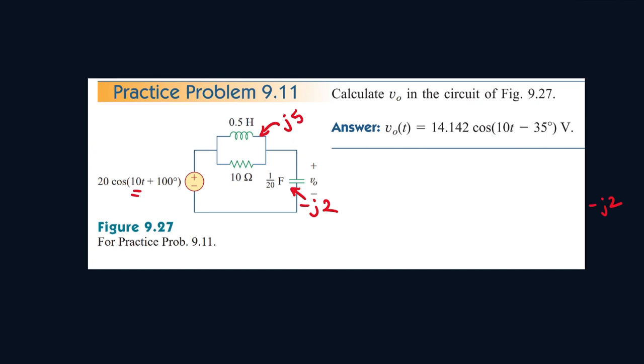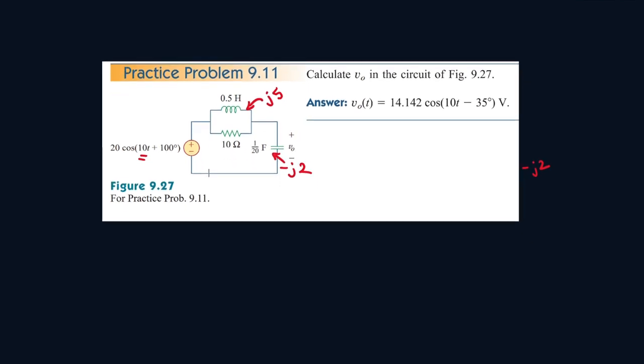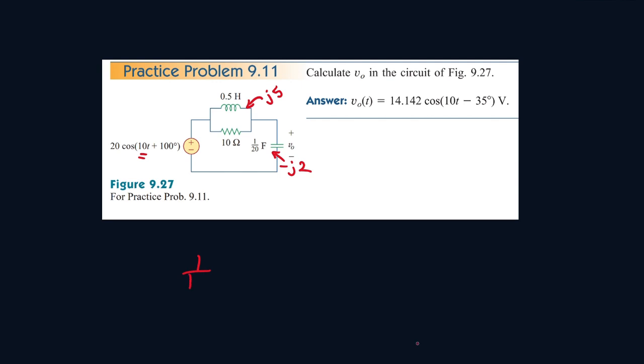Now these two impedance values are in parallel, so we can combine them: 1 over 10 plus 1 over 5J, to the power of minus 1. What is that equal to? Put your calculator in imaginary mode, and you should get 2 plus 4J.